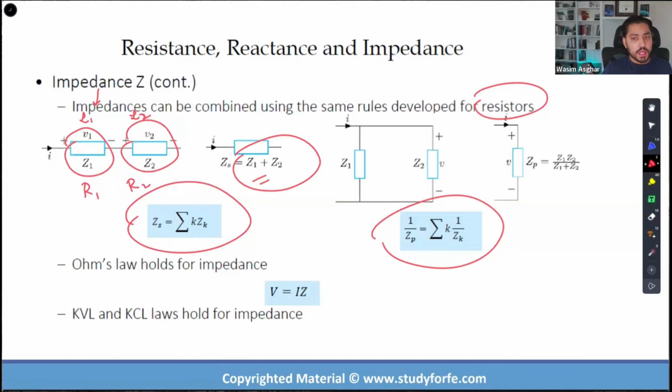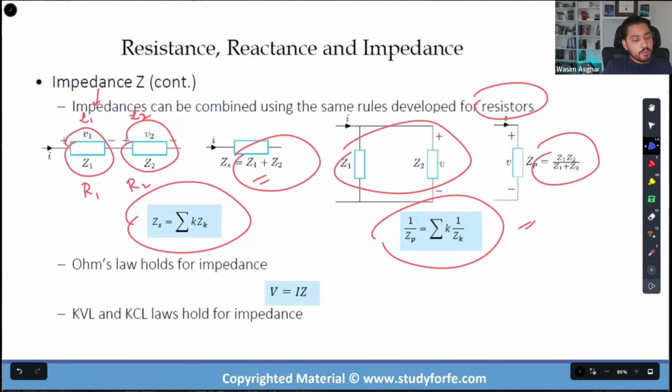So this is easy. And the parallel arrangement is the reciprocal formula. If I have two of them, the product of the two divided by the sum of the two. Why is this important? This is an important concept because once you have captured Z is equal to R plus jX, whether this is XC or whether this is XL, you don't need to go out of your way to make any type of adjustment.